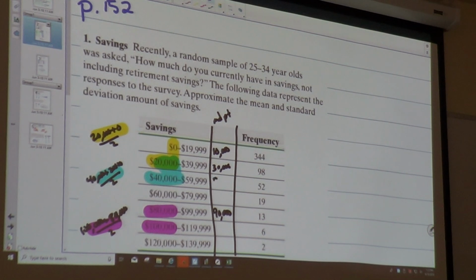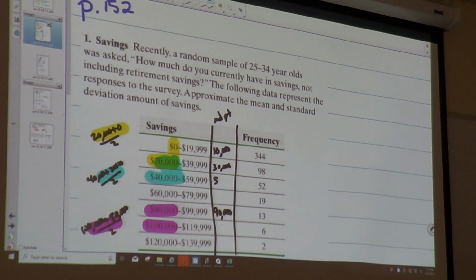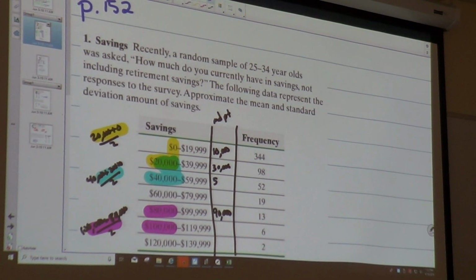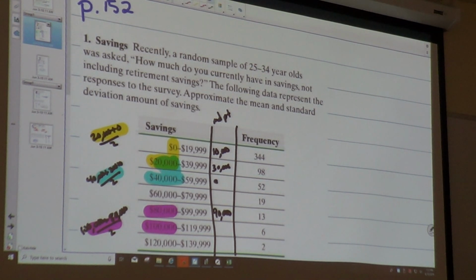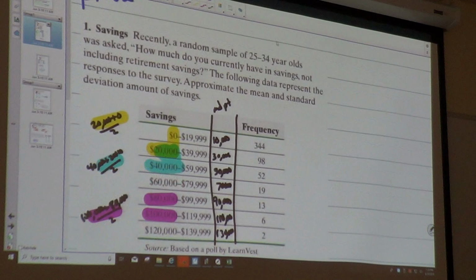And this one would be halfway between 40 and 60, that's 50. So 50, 70, 90, 110, 130. This one just happens to be pretty numbers. I always start off with an easy one. Okay? We good? Now we're going to type this into our calculator.